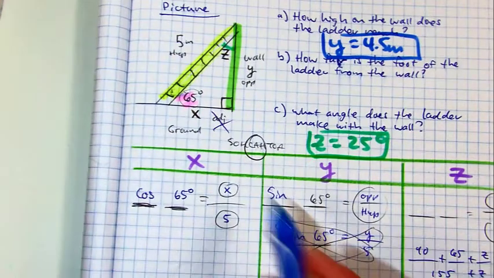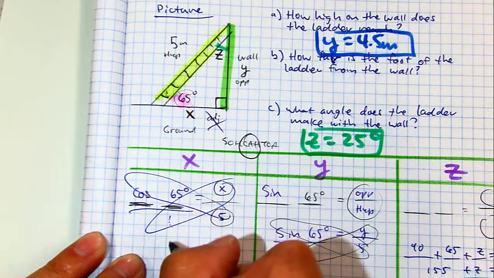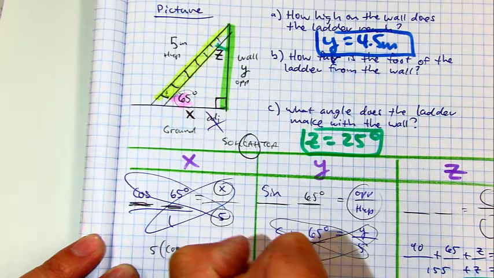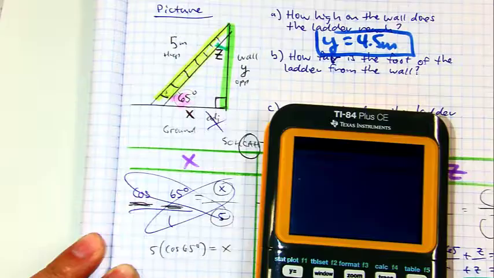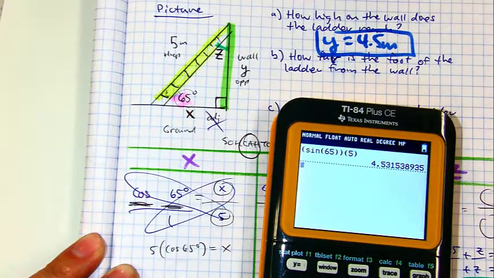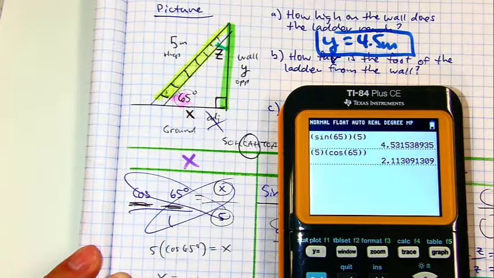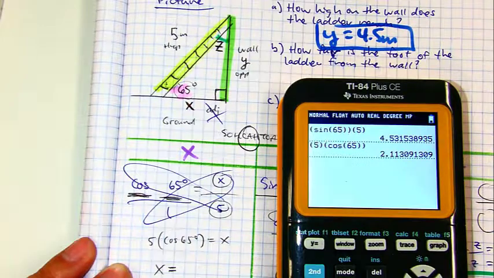Yep. Tell me what's right. Yep. What do you get rounded to the nearest tenth? 2.1.